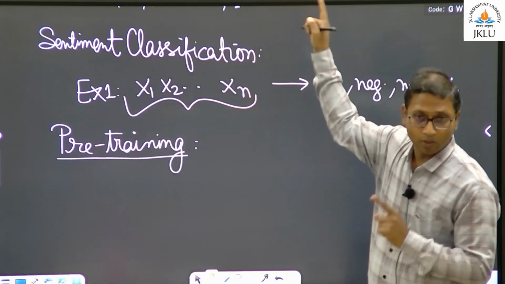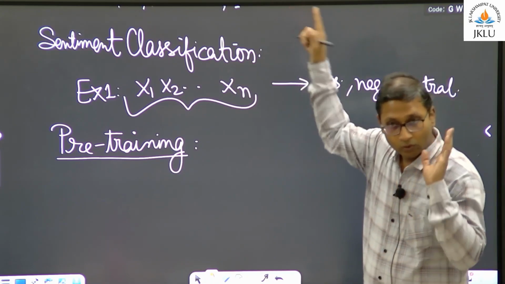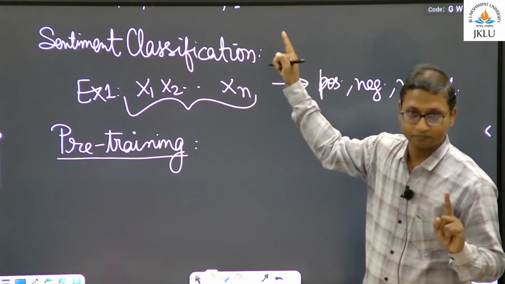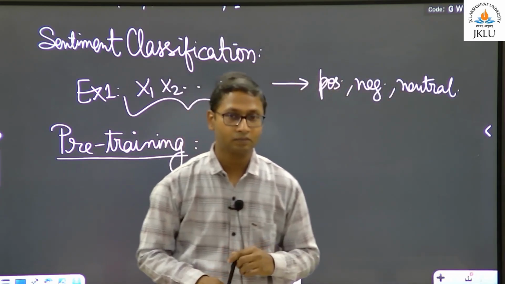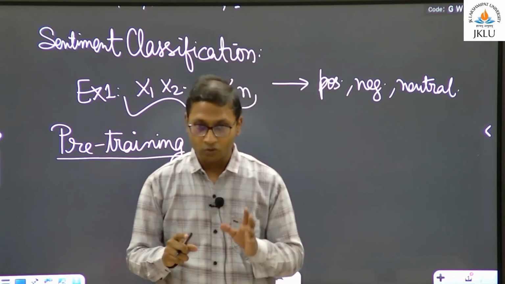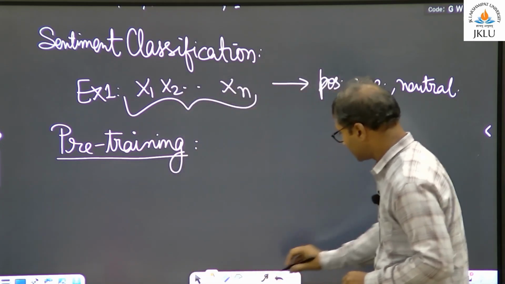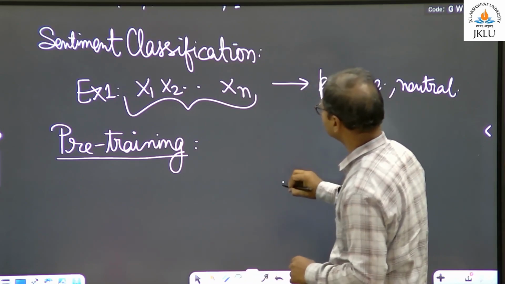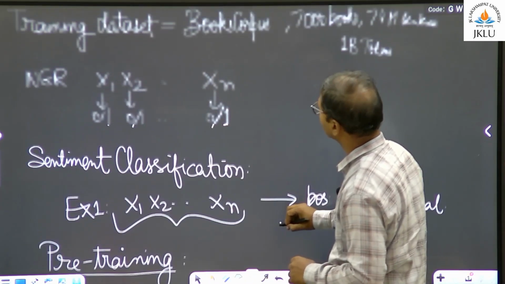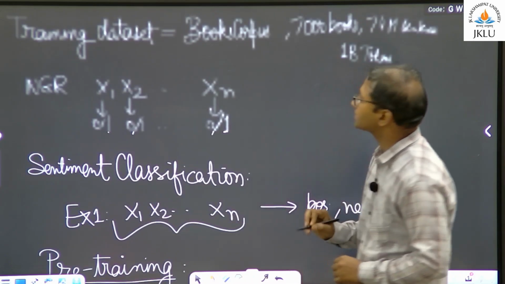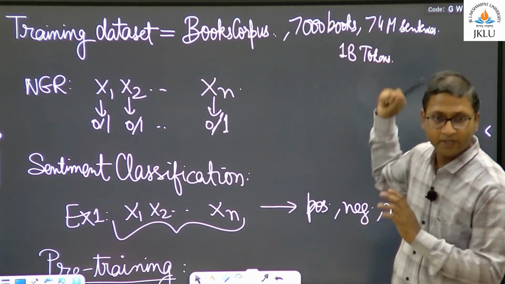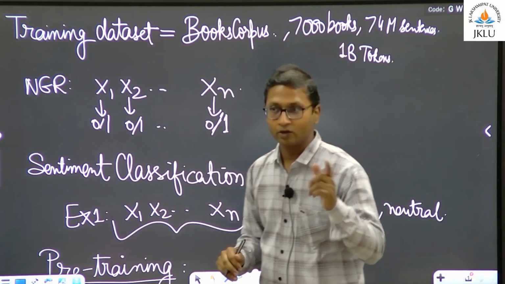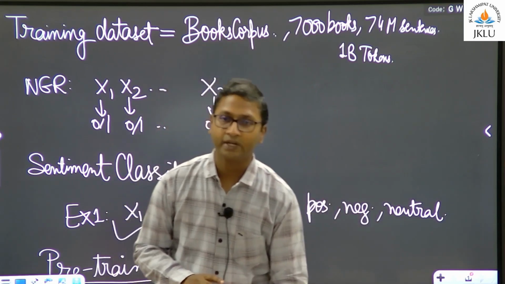Whatever we just saw above, you are pre-training that architecture. Okay? And what does pre-training mean? Right. So you have this data set, this book corpus of roughly 1 billion tokens. You train on that. What is it that you are going to train?